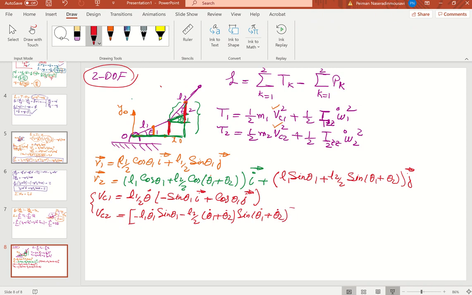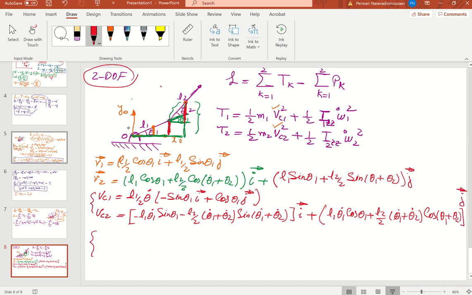This is only used for I, plus L1 theta dot 1 cosine theta 1 plus L2 over 2 times theta dot 1 plus theta dot 2 cosine theta 1 plus theta 2 in J.